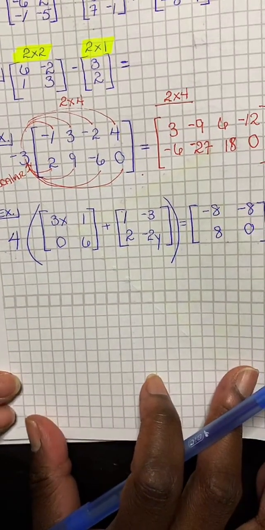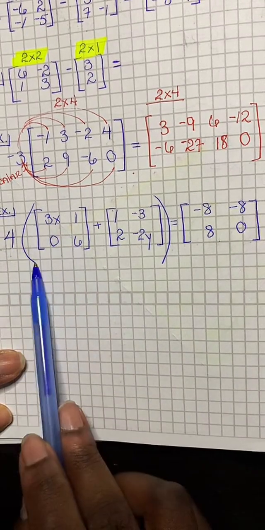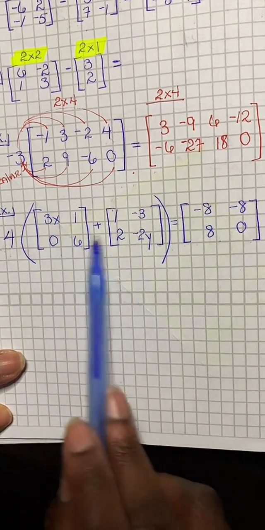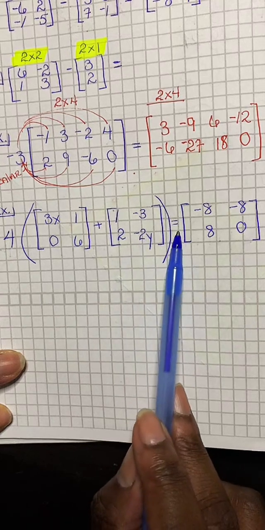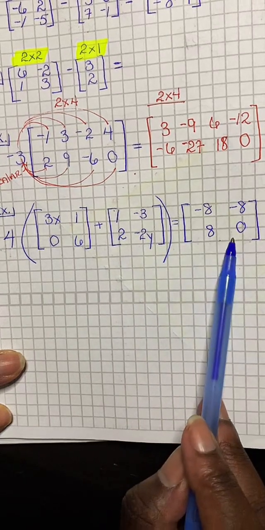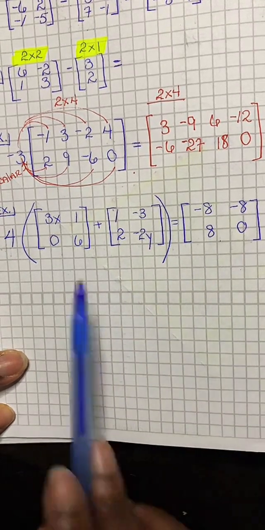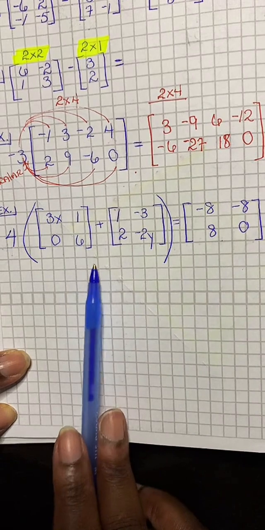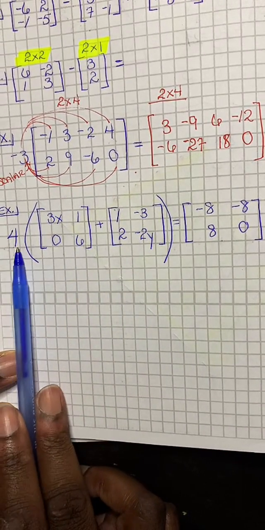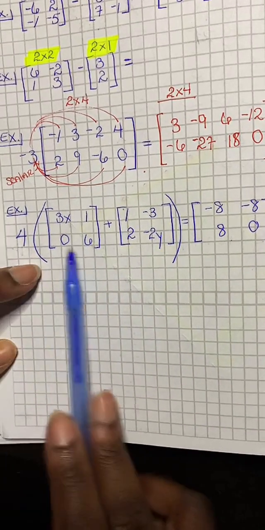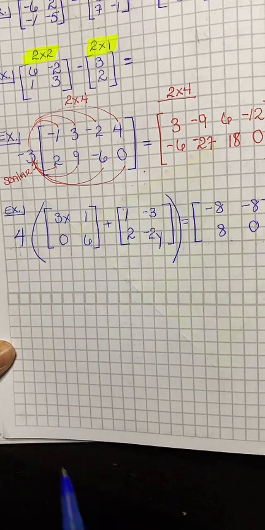We have parentheses with two matrices inside the parenthesis, and it's going to equal another matrix. So we could combine things before we hit with the scalar. So always do what's inside the parenthesis first before the scalar.